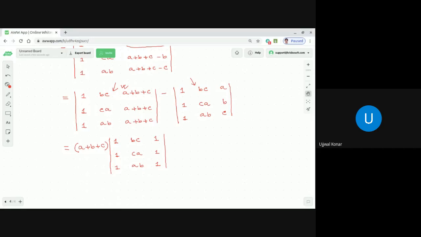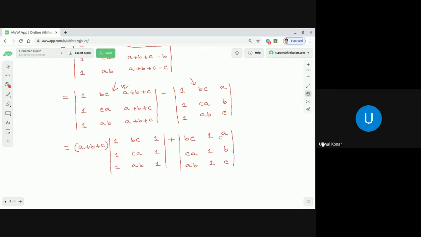So I want to interchange the first and second column. And if you recall, dear students, if we interchange any two rows or any two columns, the value of the determinant becomes negated. So this minus becomes plus. And what we are doing here is BC, CA, AB, 1, 1, 1, A, B, C.